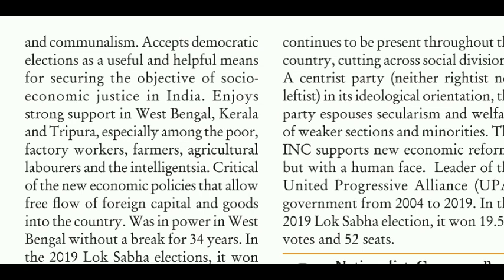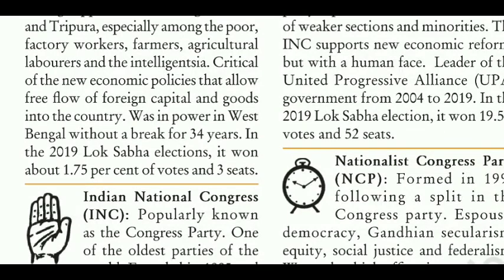Enjoys strong support in West Bengal, Kerala and Tripura, especially among the poor, factory workers, farmers, agricultural laborers and the intelligentsia. Critical of the new economic policies that allow free flow of foreign capital and goods into the country. Was in power in West Bengal without a break for 34 years. In 2019 Lok Sabha elections, it won about 1.75% of votes and 3 seats.